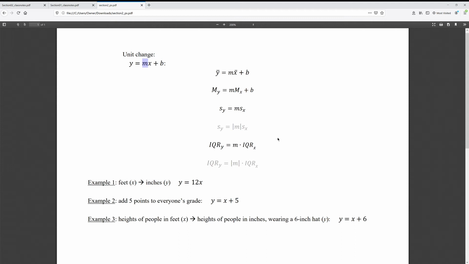That is to say, y equals negative 1x plus 100. So there's an occasion where smalls become bigs and bigs become smalls. When you have that flip around, just lose the sign. That's why I've got the absolute value here in light gray. Probably will never come up, but just for completeness purposes.